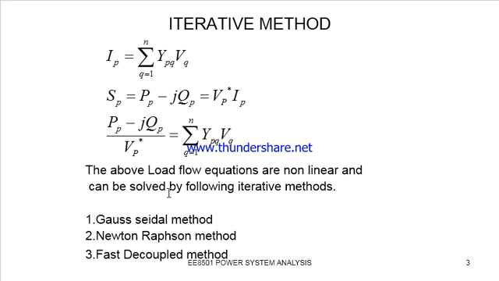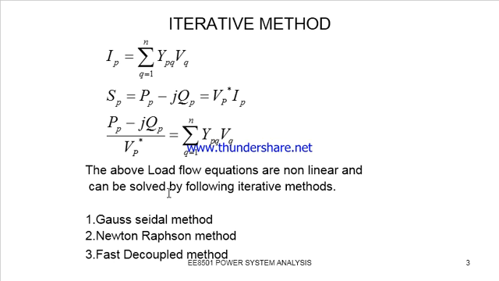Ip is equal to summation of q is equal to 1 to N Ypq into Vq. So now what we are doing is that we are varying the value of q. So the current can be calculated by having the various values of voltage and the admittance combinations.